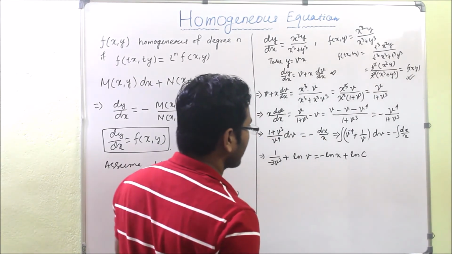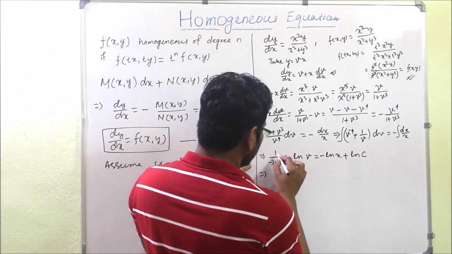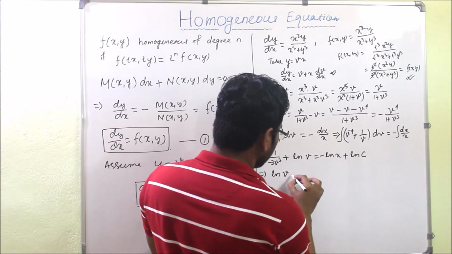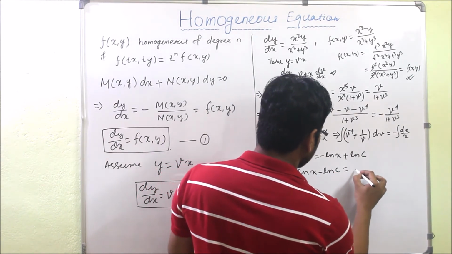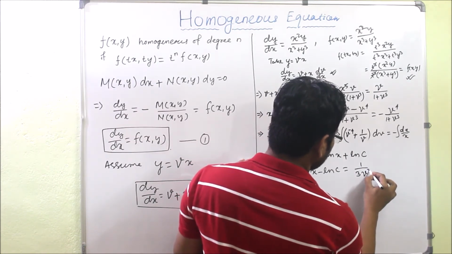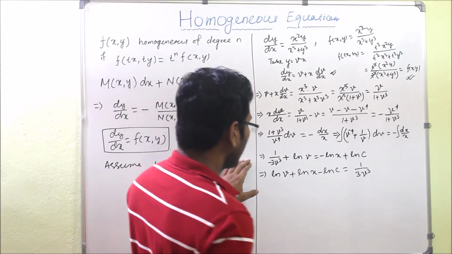Now again we have to rearrange. If you take this to the right, then ln v plus ln x minus ln c will be 1 by 3 v cube. So this is the form.